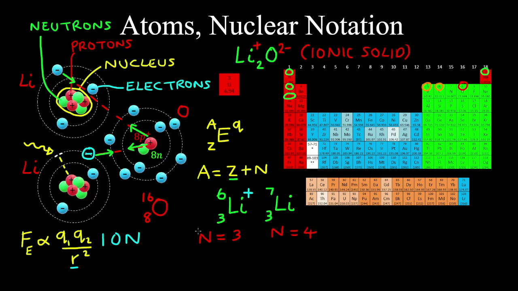And also note that the mass of an atom is dominated by the total number of protons and neutrons in its nucleus. So electrons have a smaller mass than nucleons, being the protons and neutrons.